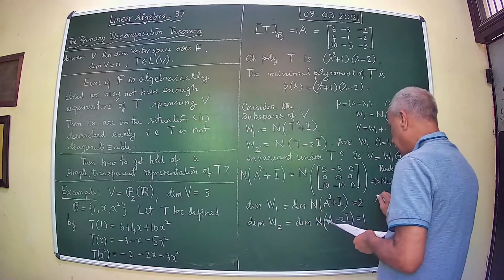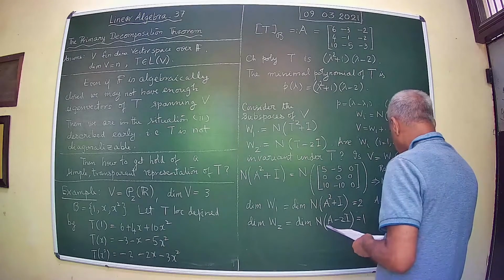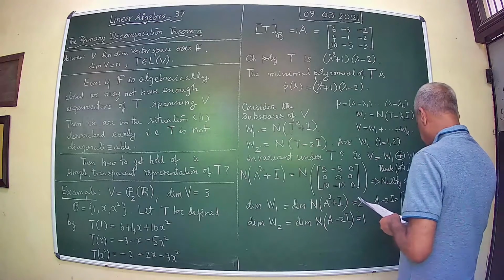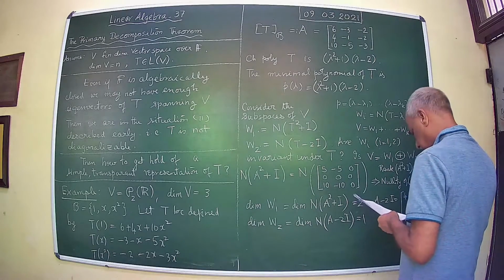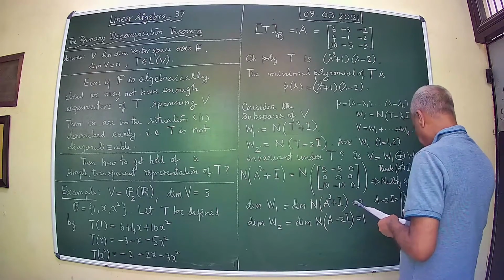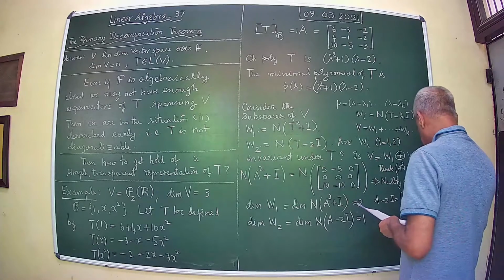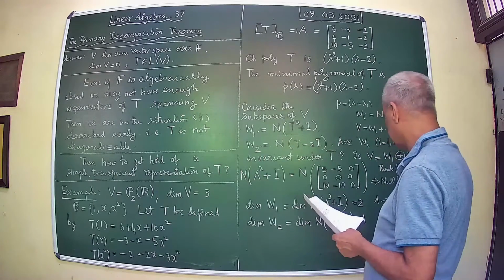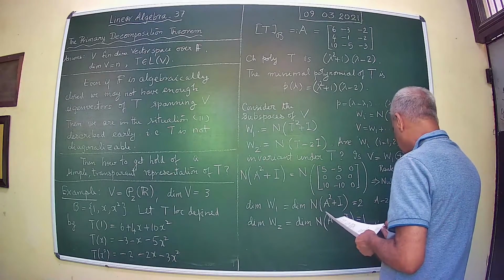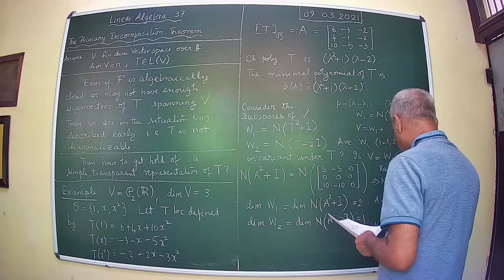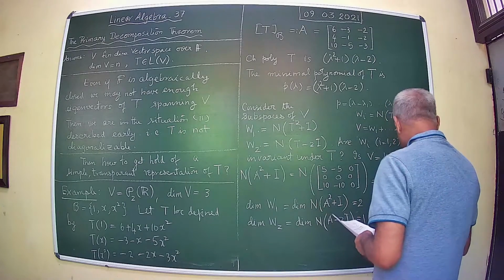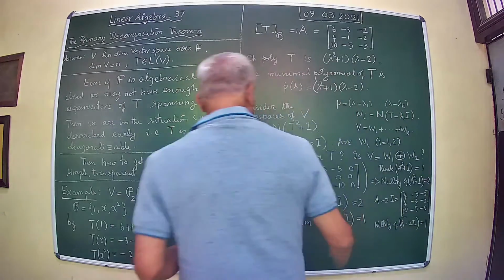Because you see that A minus 2I is equal to this 4 minus 3 minus 2, 4 minus 3 minus 3, minus 5. So you see that nullity of... so we get these results.